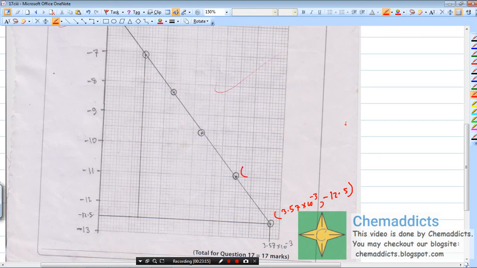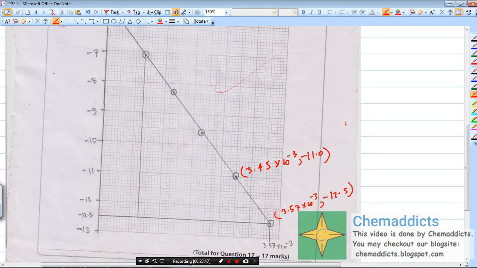Then another point is just as before. Now we're going to calculate just like that. On the x-axis this is 3.45 times 10 to the power minus 3. On the y-axis this is minus 11. In here we can see that this is minus 11.